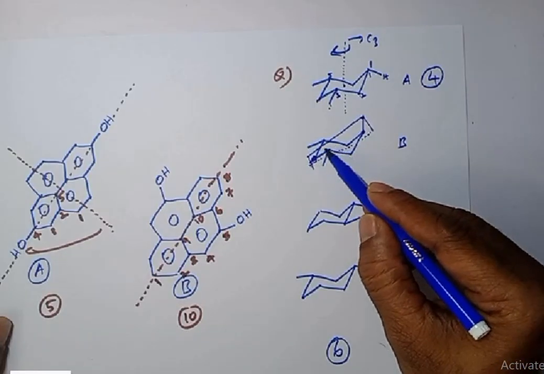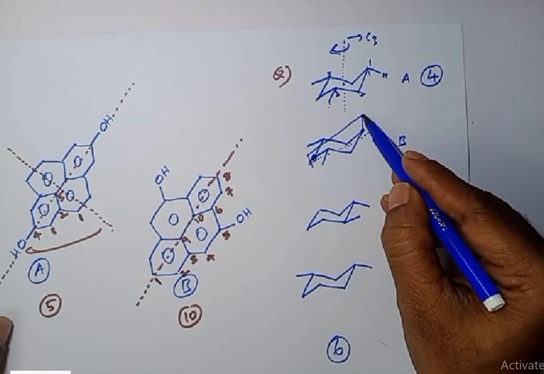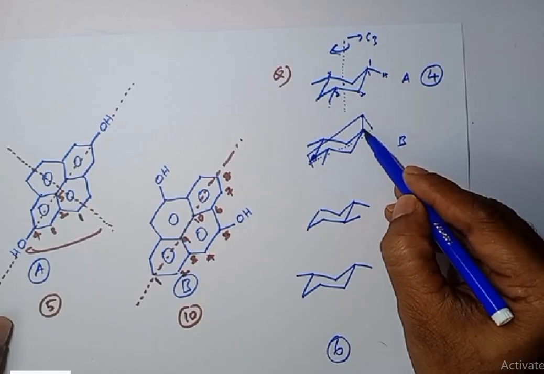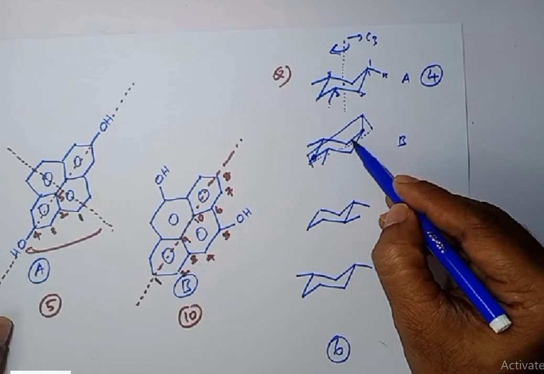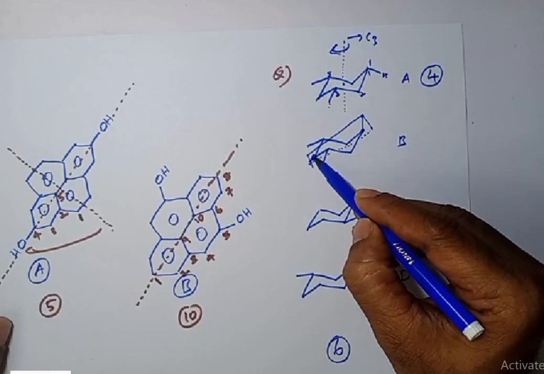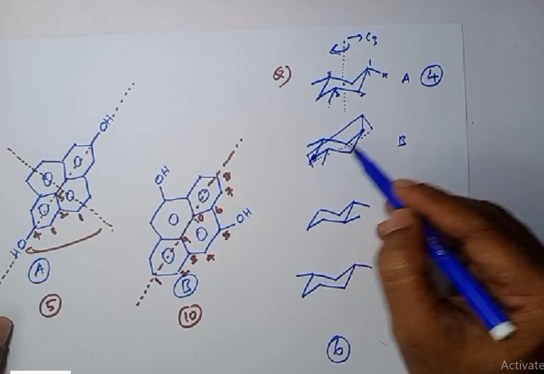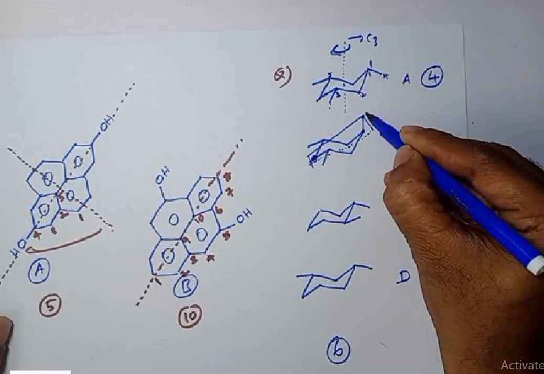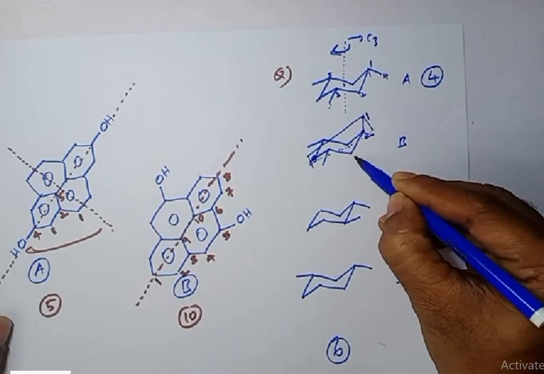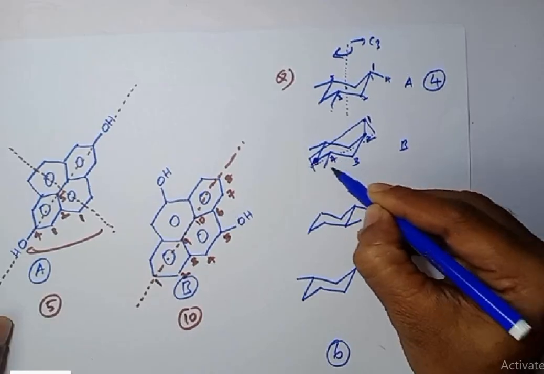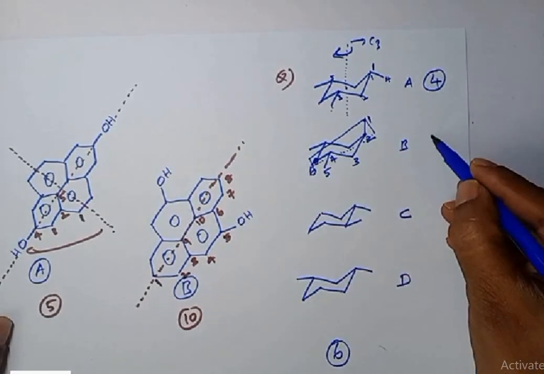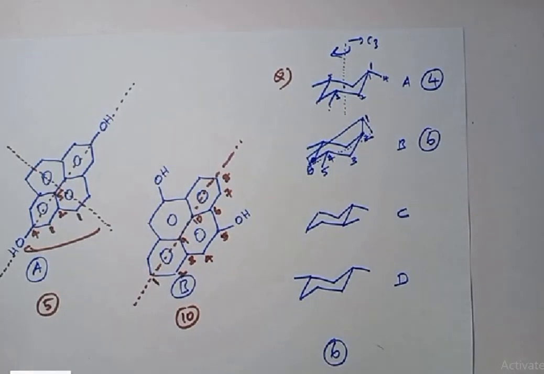You divide the molecule in such a manner that the plane passes in the middle and divides this carbon. Therefore, you will get 2 equal halves. Now you count the number of carbons. 1, 2, 3, 4, methyl carbon 5, and this carbon 6. Yes, this compound will give 6 signals in its NMR spectrum.